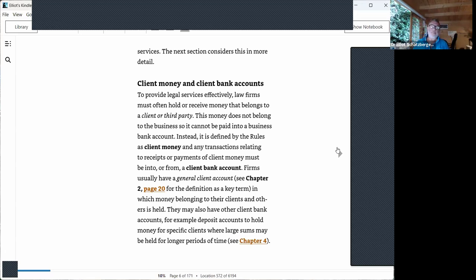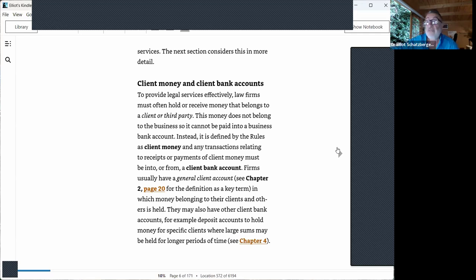Now, I did say that you only really need one client account. As always, with anything to do with law or procedure, there are exceptions. And I'm just going to run through those exceptions. Firstly, you do not need a separate client account if you never handle client money.